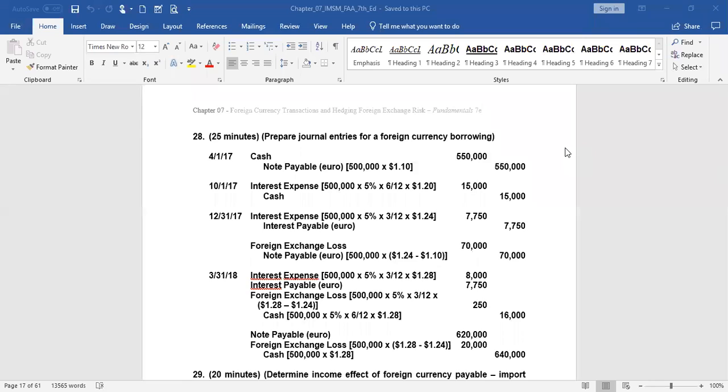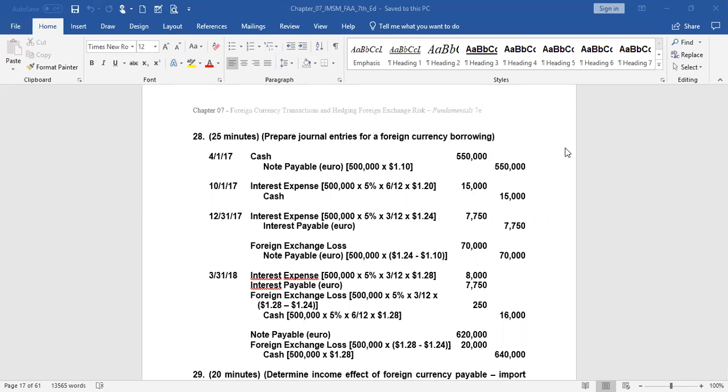After the December 31st journal entry, the final journal entries will occur on March 31st, the day the loan is due. The first thing we must do is pay the interest on this. So, first, let's debit interest expense for the amount of interest that's occurred from January 1st, 2018 through March 31st. 500,000 times 5% times 3/12 times the conversion rate on March 31st, $1.28. So we'll debit interest expense for $8,000.